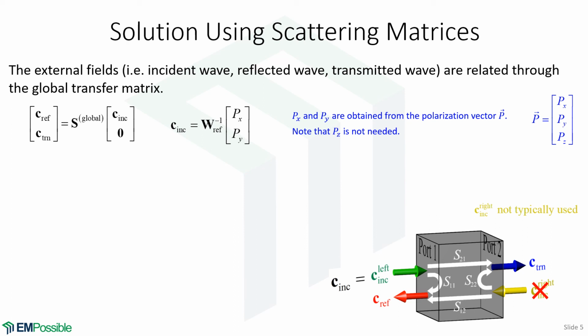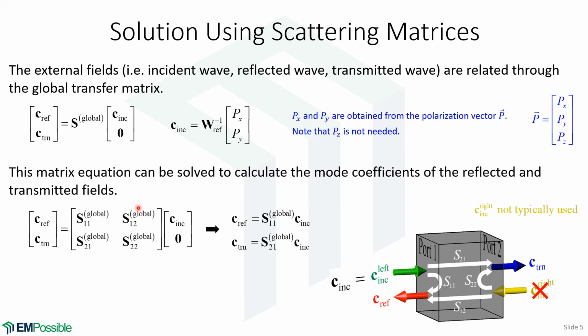Now notice we're only making use of the x and y components of the polarization vector. It turns out the z component is not needed. And if you want to shortcut that calculation a little bit, you don't even have to calculate the z component of that polarization vector. I normally do, but I just proceed in my calculations with the x and y components.